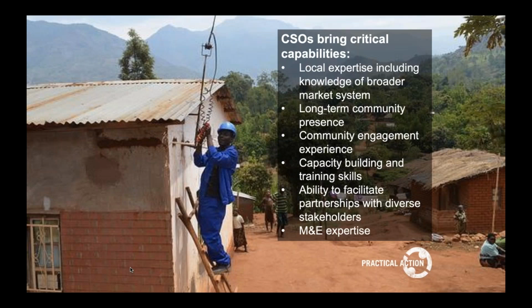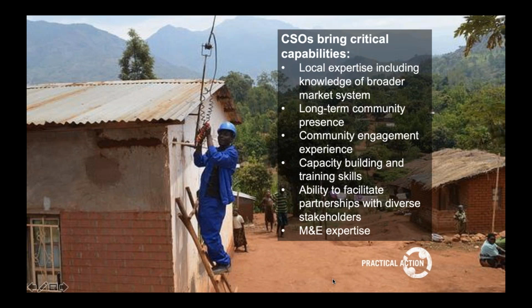Because energy access is only a very small part of the picture when it comes to productive uses, CSOs do bring really important capabilities to enabling and driving productive uses in a community. First of all, CSOs have local expertise. That means they understand the system and value chains.